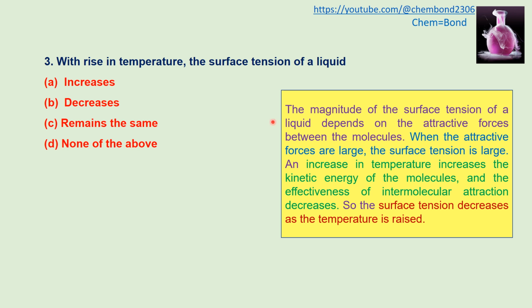An increase in temperature increases the kinetic energy of the molecules, and the effectiveness of the intermolecular forces decreases. When the attractive forces decrease, the surface tension will also decrease. So the answer is decrease.